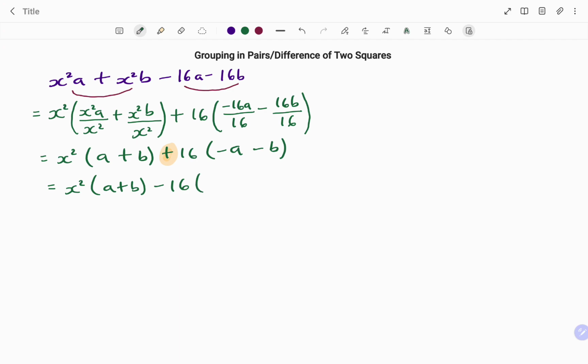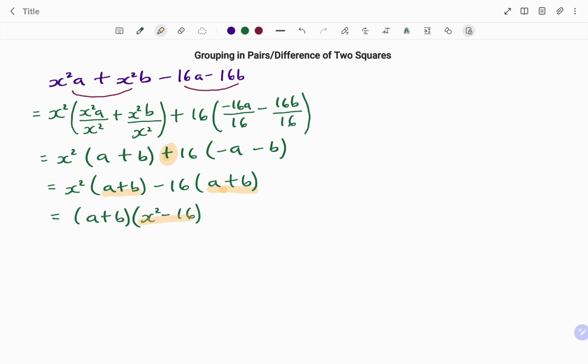And then the signs will change from minus A to plus A, from minus B to plus B. And if you look at the left-hand term and the right term, I have A plus B as a common term. So I take out A plus B as a common factor, as x squared minus 16.